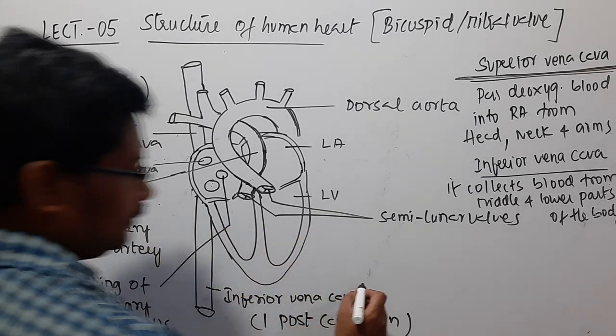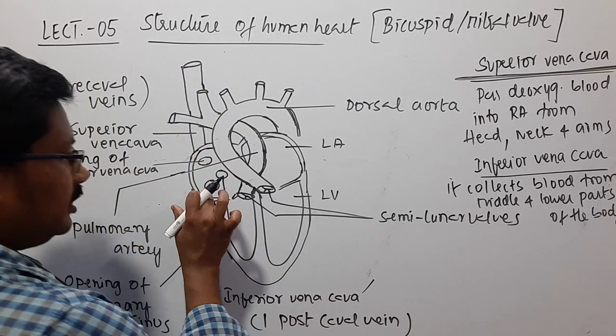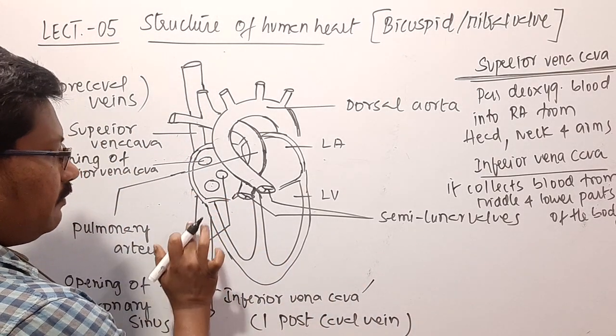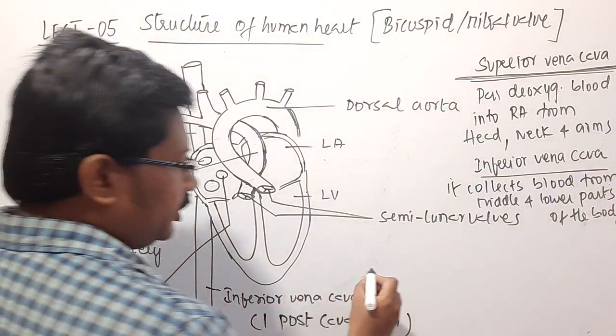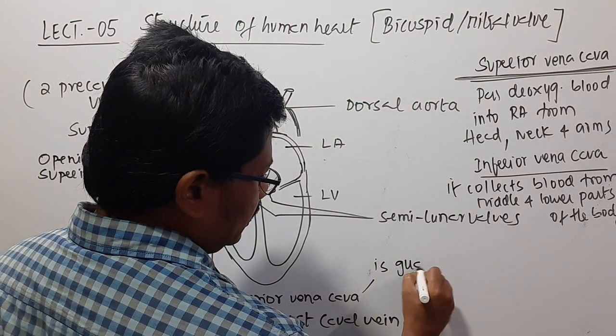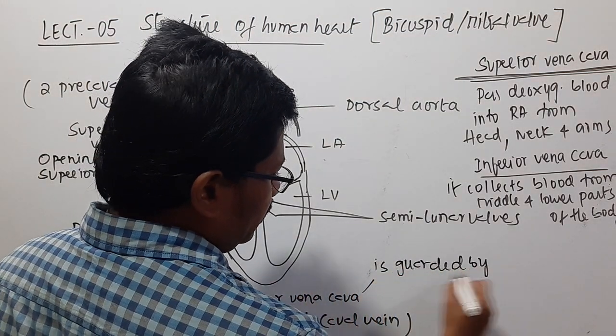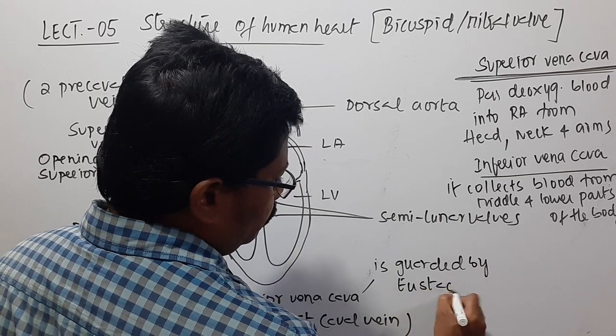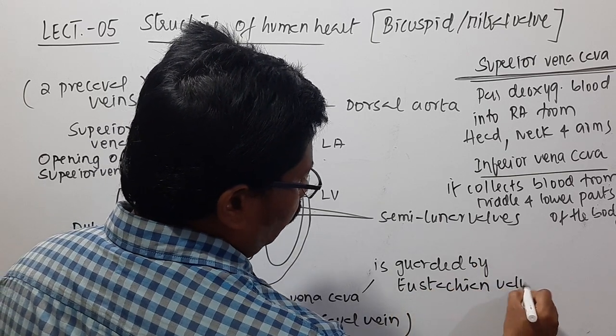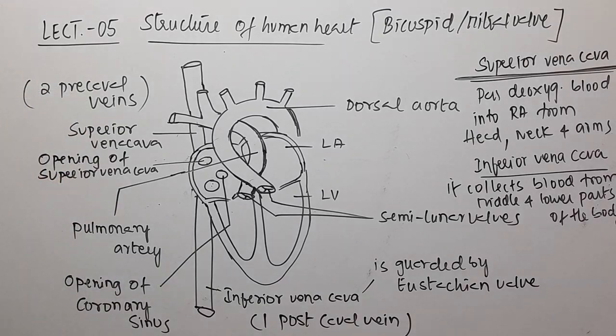So at the junction where the inferior vena cava opens into the right atrium, it is guarded by Eustachian valve. It helps in preventing the backflow of the blood.